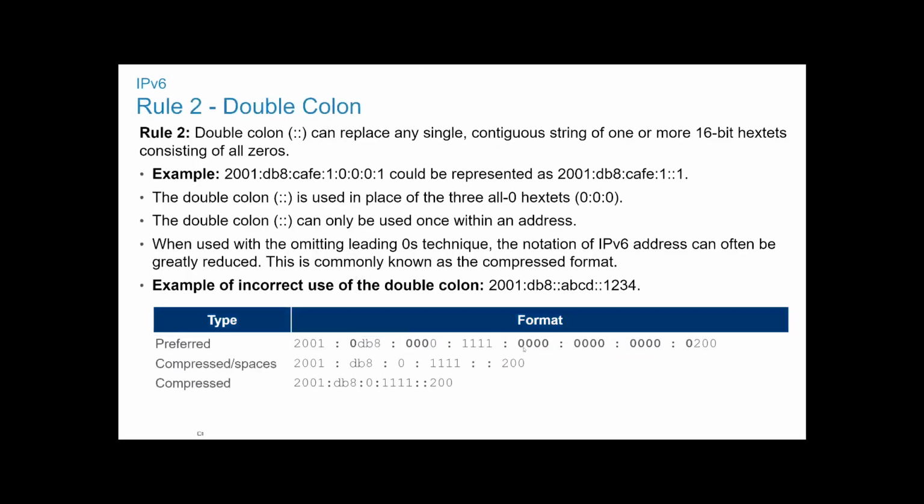You can also, if there are contiguous quad 0 hextets, use a double colon to signify those contiguous quad 0 hextets. 1, 2, 3, 4, 5 hextets. There should be 8. So if there are 5 holding a place, that tells me there are 3 contiguous quad 0 hextets.